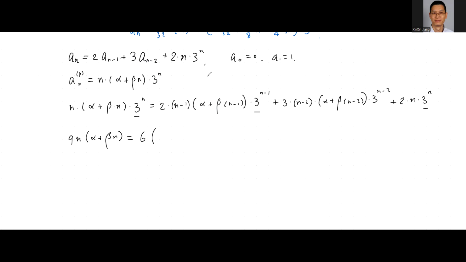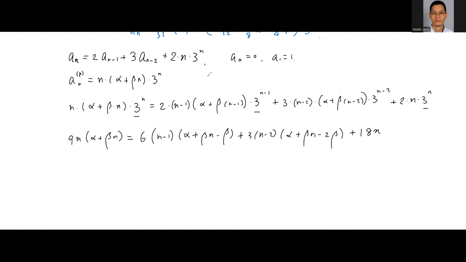Yeah, it's a little bit tedious. Beta n minus beta. Okay. Plus 3 times (n minus 2) times (alpha plus beta n minus 2 beta). And then I have a 9, right? So 18n. Okay, 3 squared.